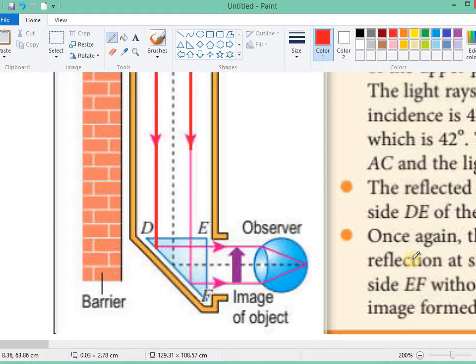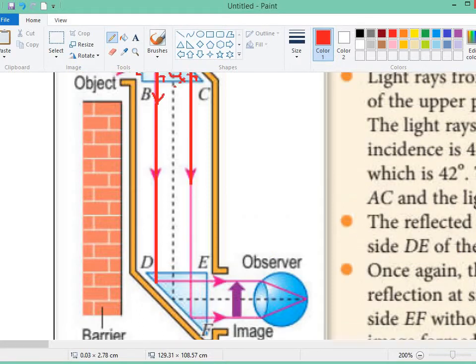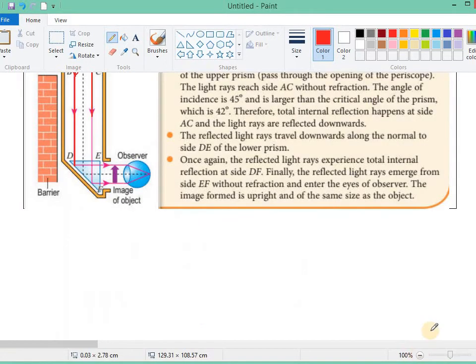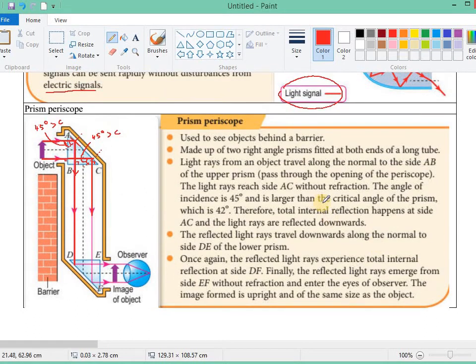So this is what we call the Prism Periscope. Okay, the Prism Periscope is better than the refractive periscope or plane mirror periscope that is made from plane mirror, because the light undergoes total internal reflection, so that means the image will be brighter because all of the light reflects down.